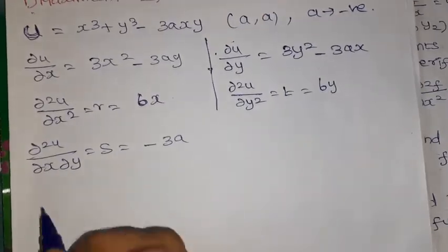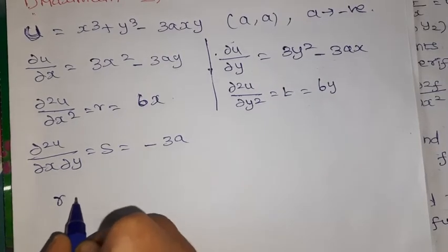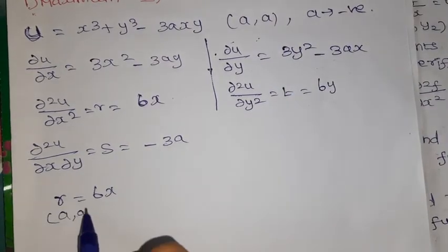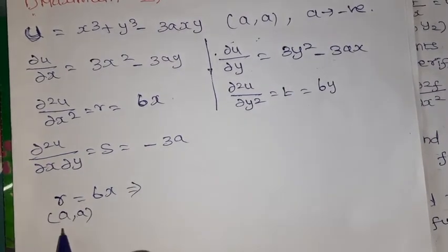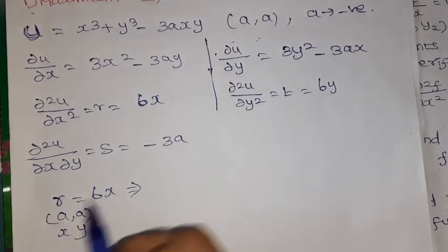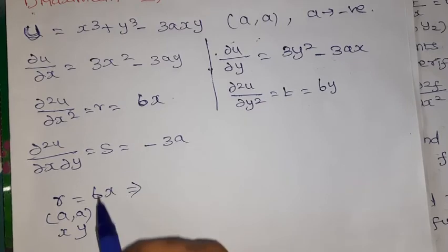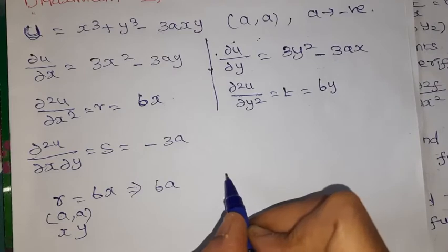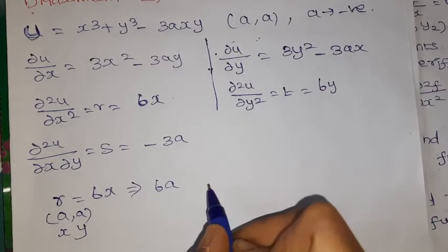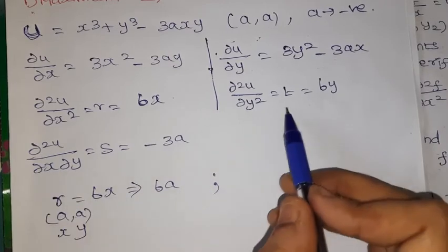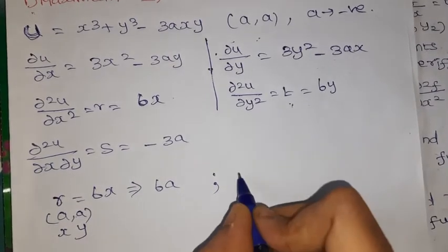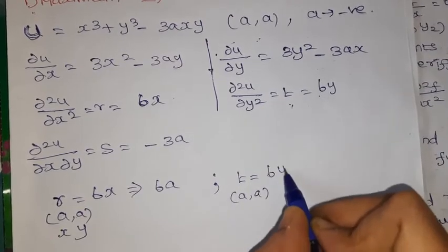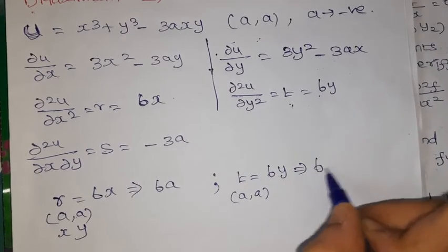So we know r equals 6x. At what point is it given? A comma A, which means x equals A and y equals A. Substituting x, we get 6 into A, which is 6a. Then the value of t at the given point A comma A is 6y, so substituting y equals A, we get 6a.